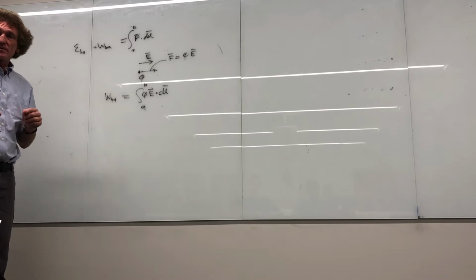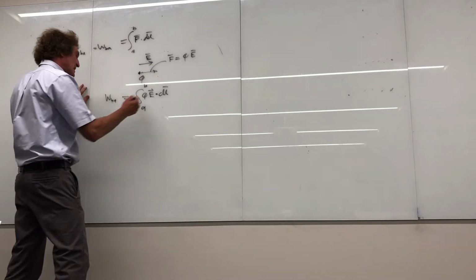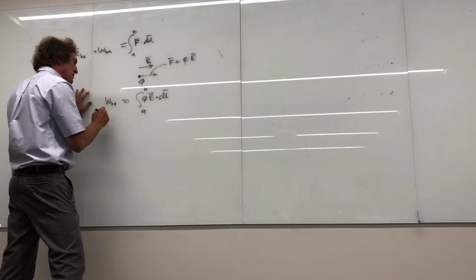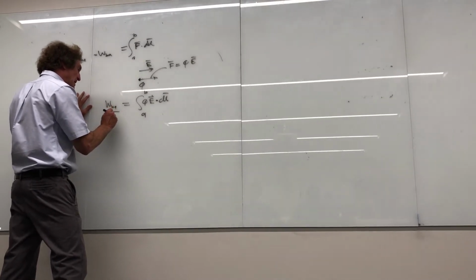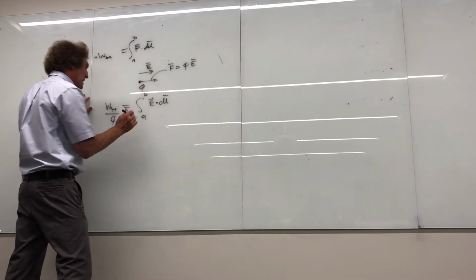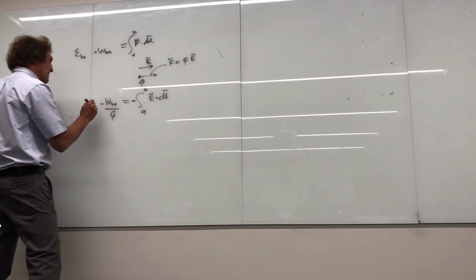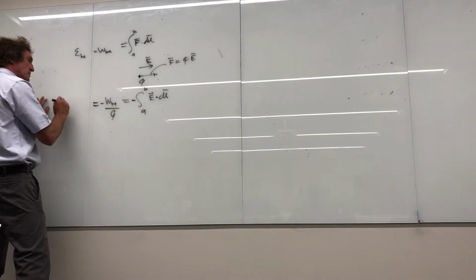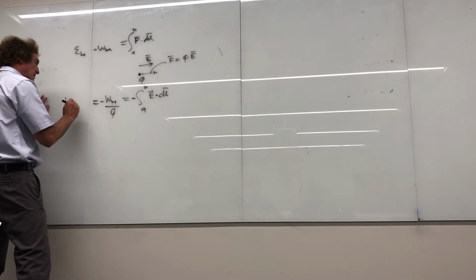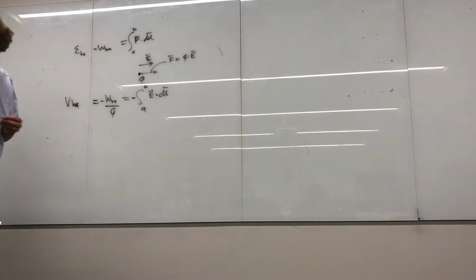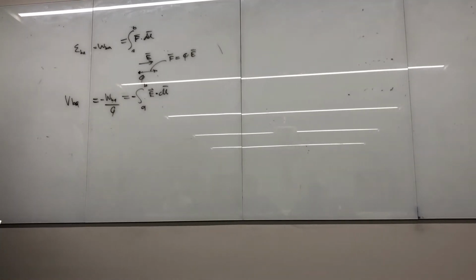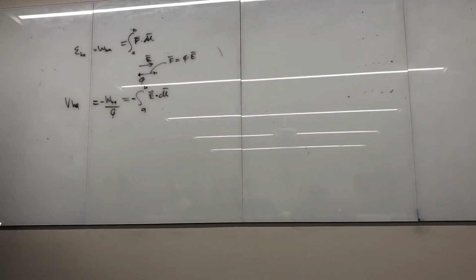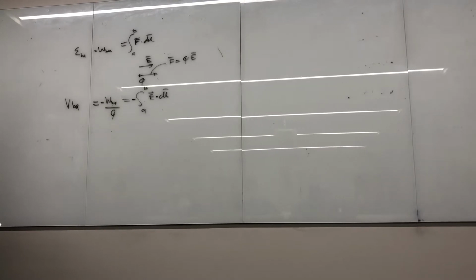Do you follow me on this, class? So first we take the work B to A that the field does, and we divide it by Q. And then we put a negative sign, and this is equal to the voltage between B and A. So the voltage between B and A is the electrical pressure, and it really amounts to how much work I did moving something.